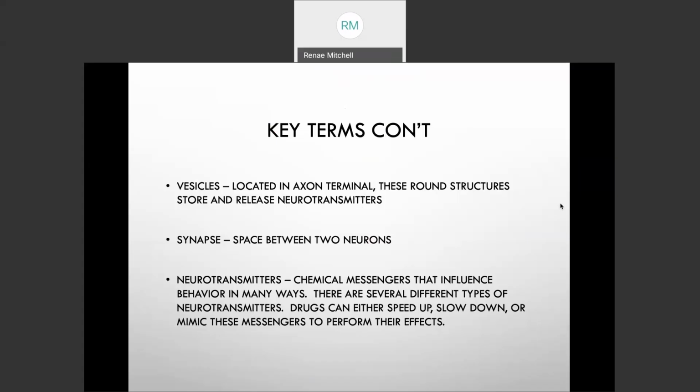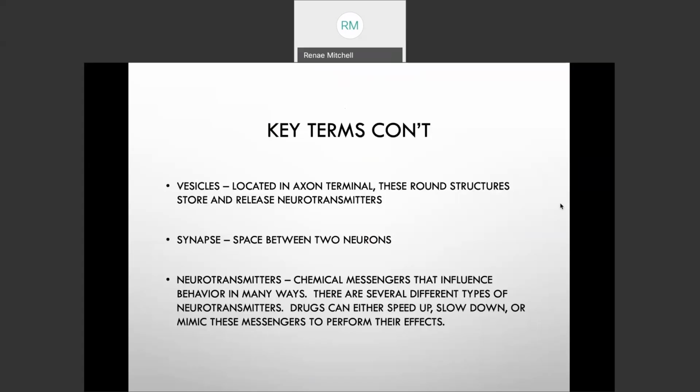The synaptic gap, or the synapse, is the space between the two neurons. I mentioned that a moment ago. And the neurotransmitters themselves are these chemical messengers that influence behavior in a variety of ways. There are dozens of different types of neurotransmitters that have already been identified, and there are potentially even more.